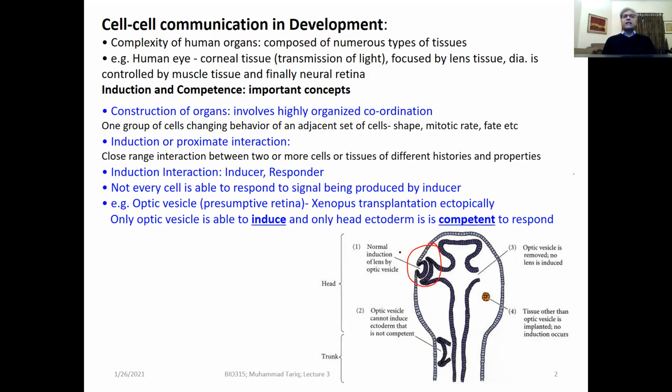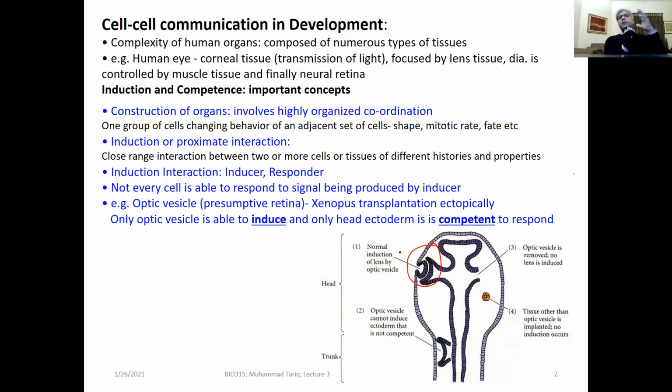So, as I said, if there is a cell type or a tissue which is sending a signal, that signal is to be perceived by neighboring cells or tissue. The one which is sending the signal is basically the inducer, and the one which is receiving that particular signal is the responder, the one that is to respond to a specific signal which is going to induce some changes in this second tissue or cell type.